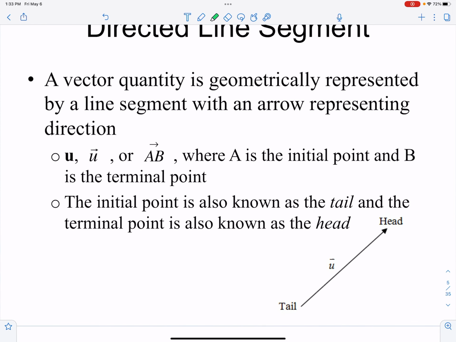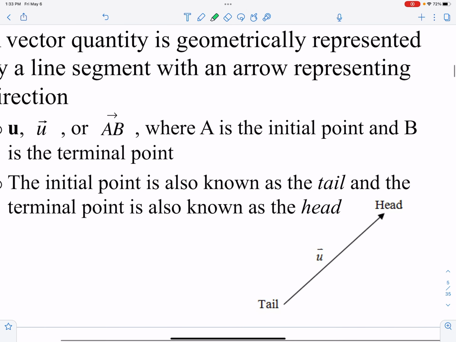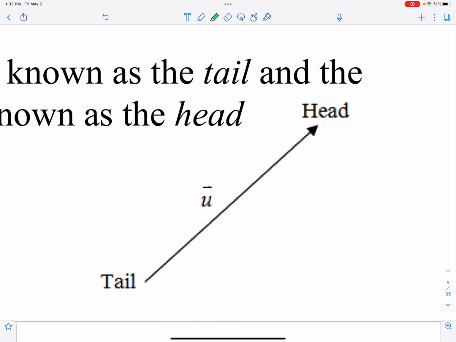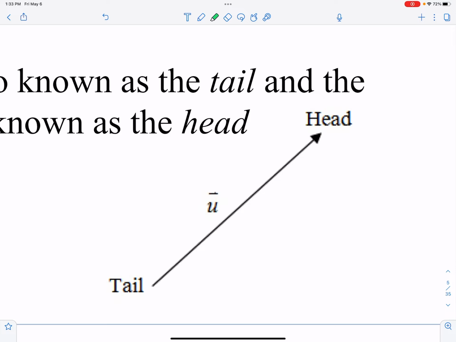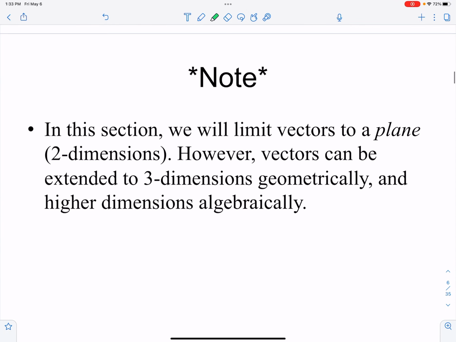If this were vector U, you can also think of the initial point as being known as the tail of the vector, and the terminal point as the head, or even the tip of the vector. In this class, we're going to limit vectors to be in a plane, in 2 dimensions.